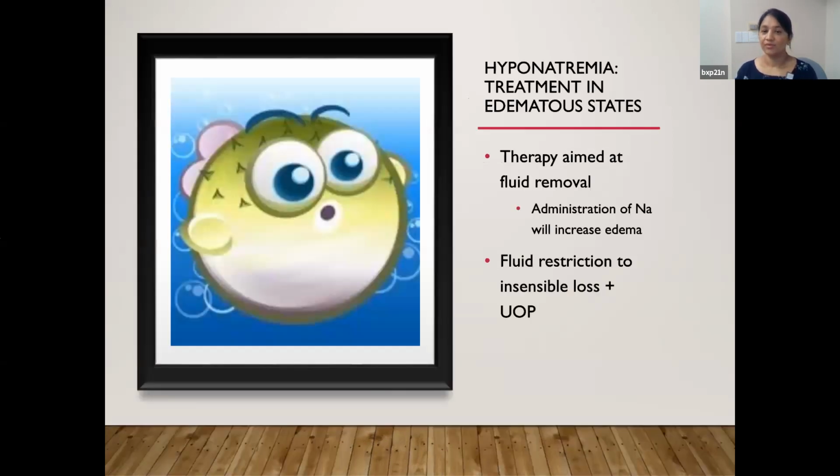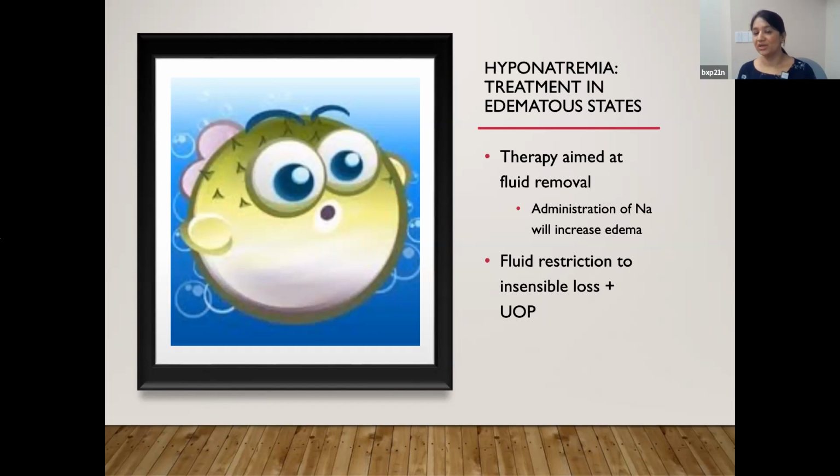Okay. So if they are swollen, definitely the aim is to control their fluid, to restrict their fluid intake. The rough rule is we don't go too much of a restriction with the kids because they need to eat, they need to grow if it is a chronic issue.